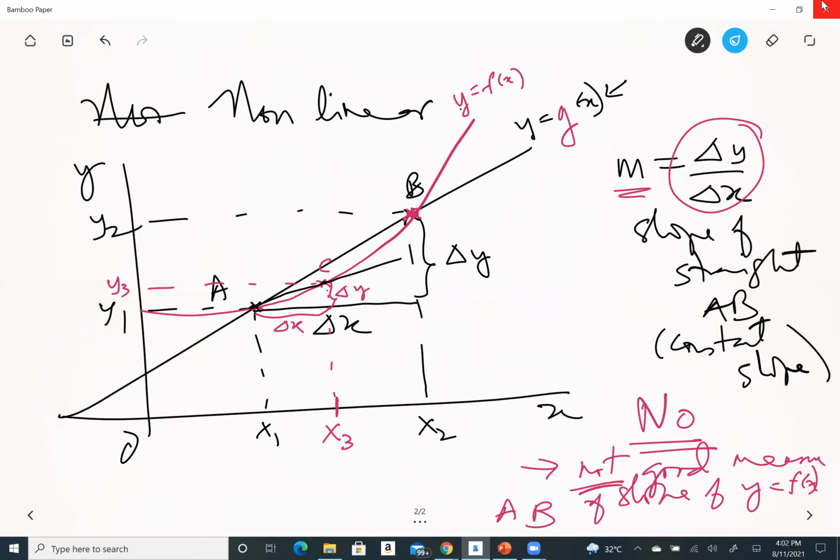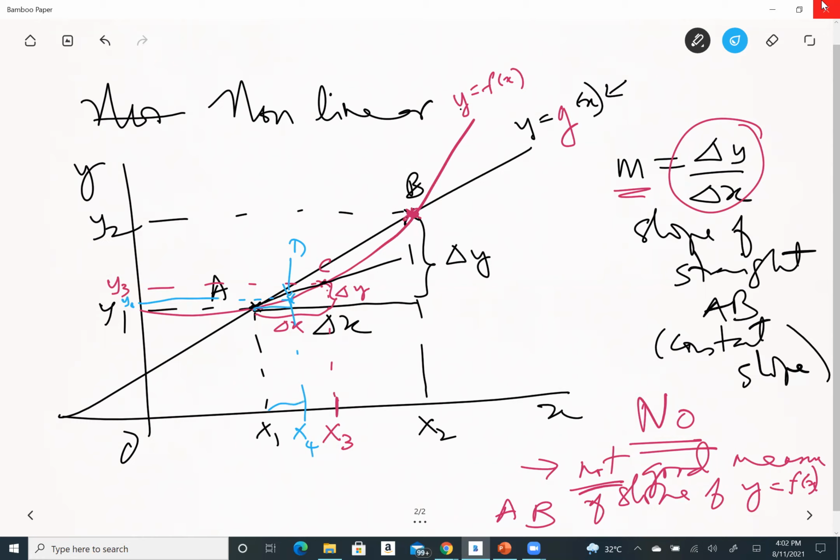Okay, I'll do one more. Suppose I make the change in x smaller, to point D. Now I move to x4. So at that point, the y is y4. So that is delta y.